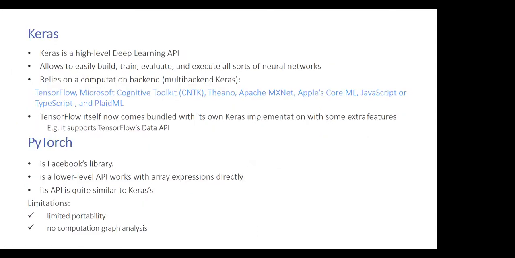And here we want to study how we can implement these models, even using Keras or PyTorch, the deep learning APIs. Keras is a high-level deep learning API, and it's really easy to use, and allows us to easily build and train or evaluate or execute all sorts of neural networks.